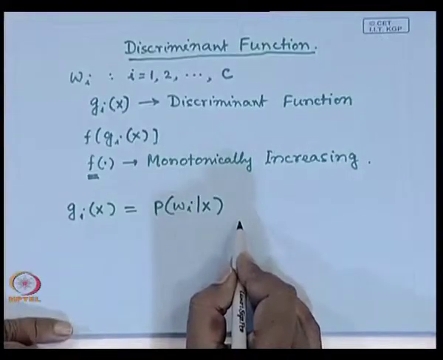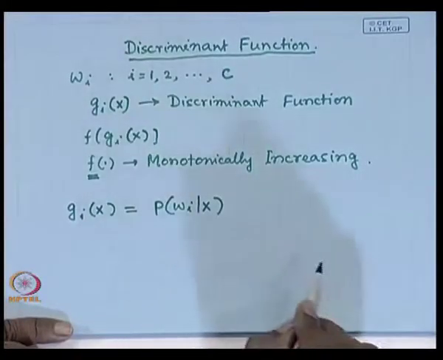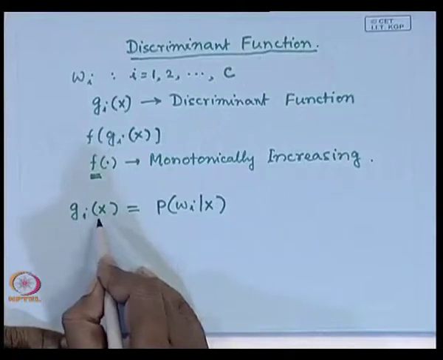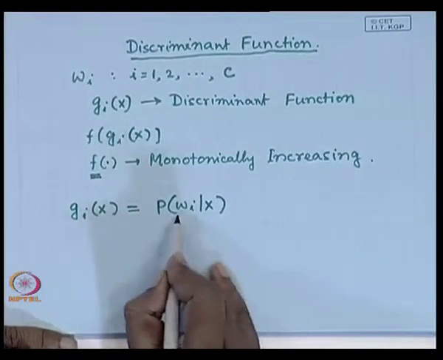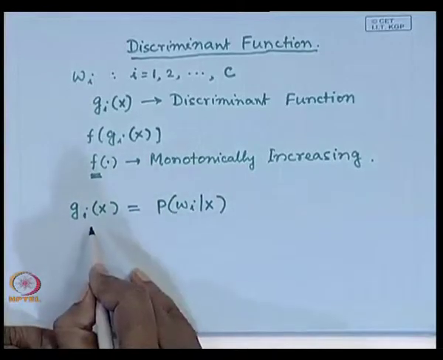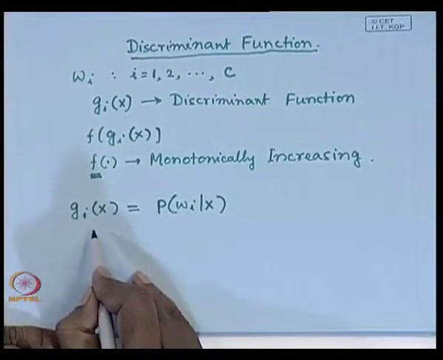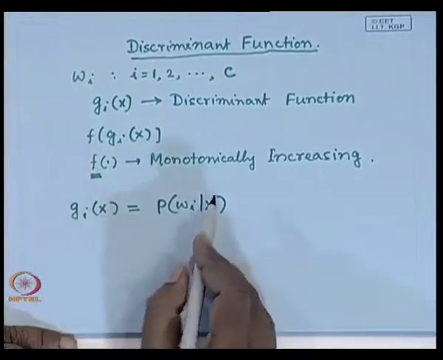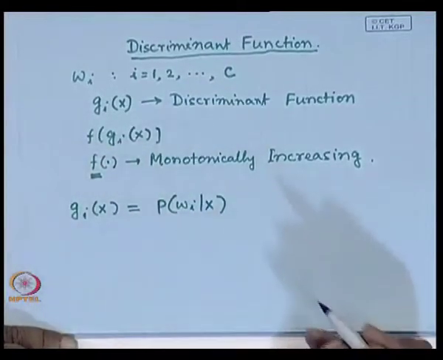Because as per our minimum error rate classification, it was 1 minus p of omega I given x, and whenever this 1 minus p of omega I given x has to be minimum, p of omega I given x has to be maximum. Okay. So, I have to put this x into the class omega I for which p of omega I given x is maximum. So, this itself I can take as my discriminant function g I x. Okay. And then we said that logarithm being a monotonically increasing function.